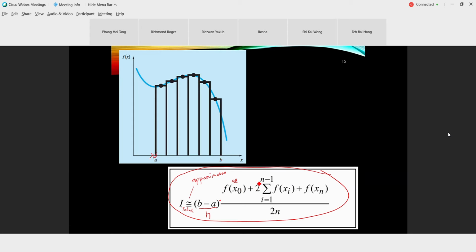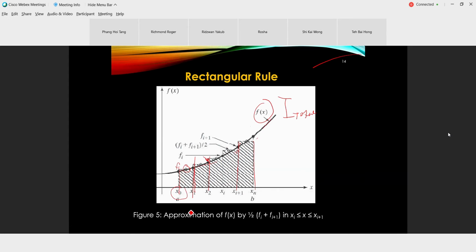2. Why 2? Because we need to have both sides. This is x1, this is x2, this is x3, this is x4, x5, x6. So for every line here, we involve f_i again.